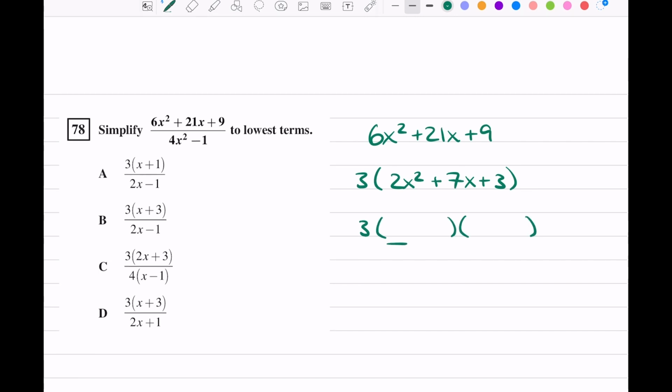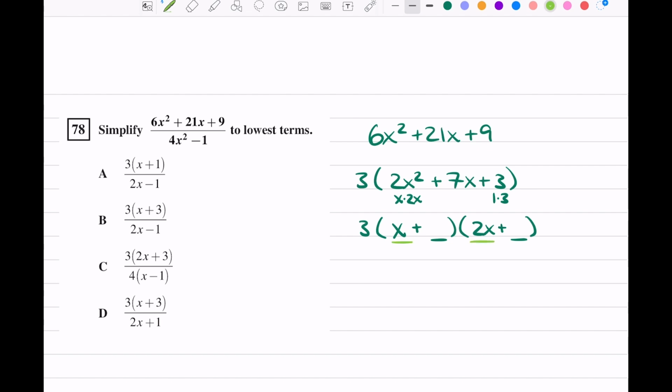Again, our first pieces are going to multiply to get our 2x squared. So we could have x times 2x. And now we need our last pieces. Those multiply to give us 3. So we could have 1 times 3.